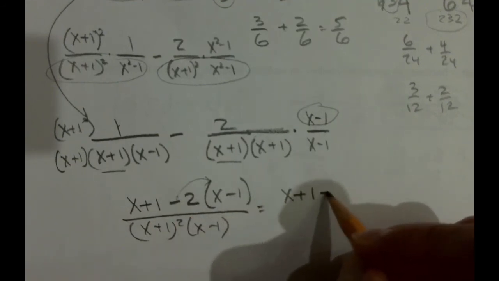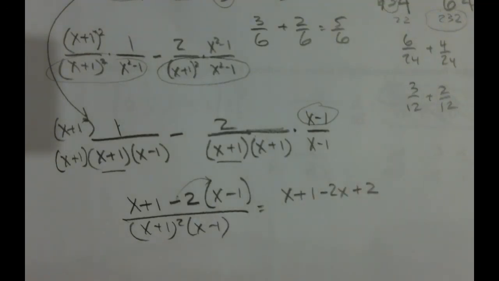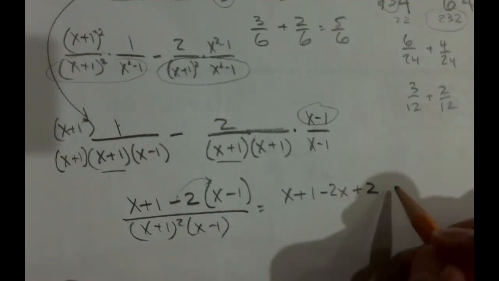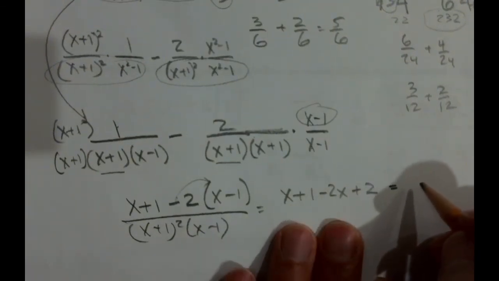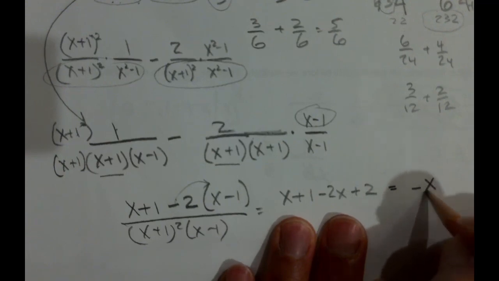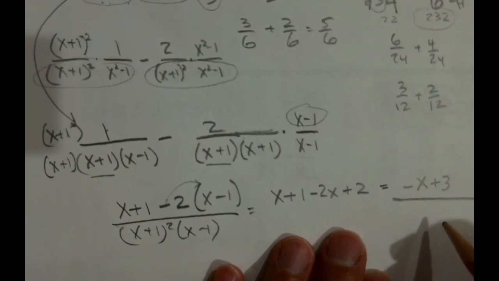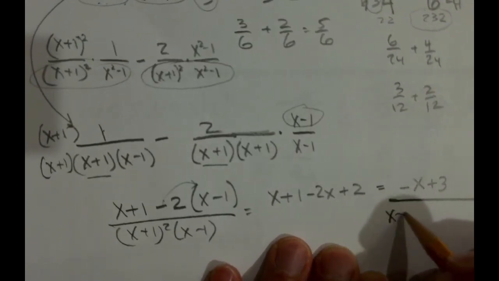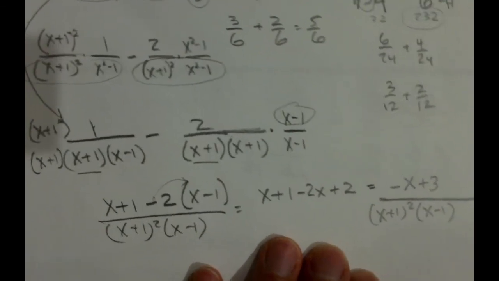X plus 1 minus 2x plus 2, right, minus 2 times negative 1. I'm going to keep simplifying before I rewrite the denominator, just don't forget to do it. X minus 2x is negative x, plus 3, all over x plus 1 squared times x minus 1.